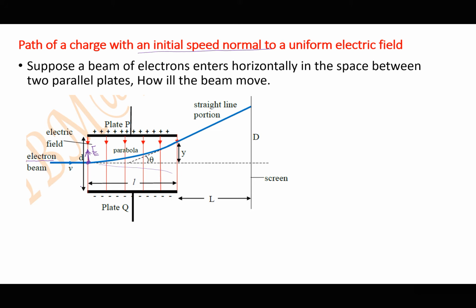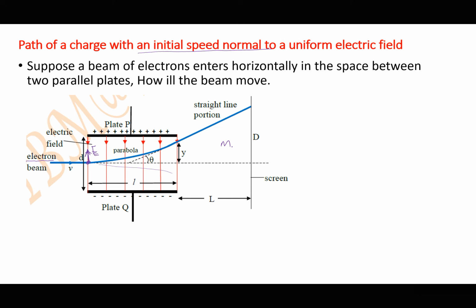Let's try to analyze the motion of this particle in this field as we wind up lesson 2. The analysis of the motion is similar to that of a particle of mass, say m, moving in a uniform gravitational field, with a uniform velocity in one direction and a uniform acceleration in a perpendicular direction.